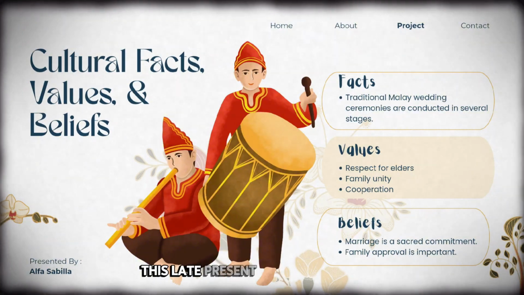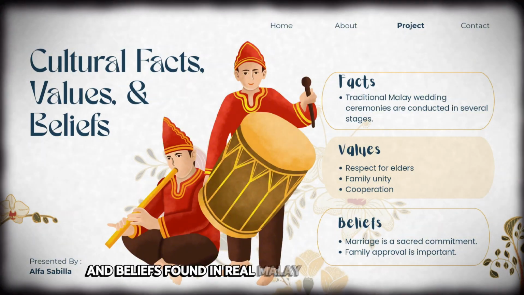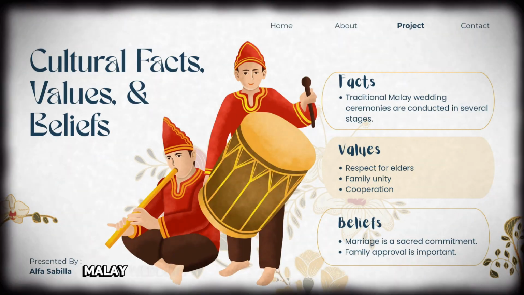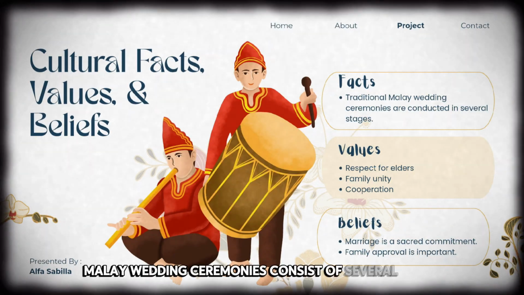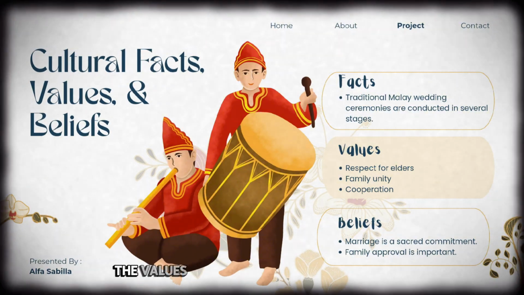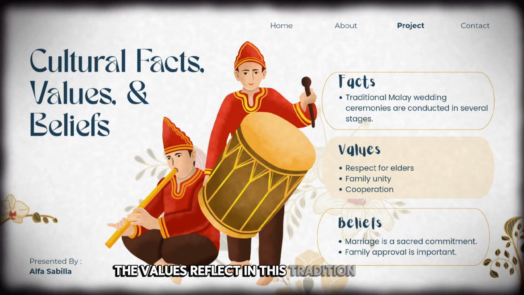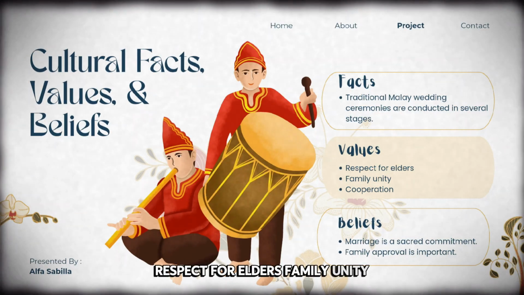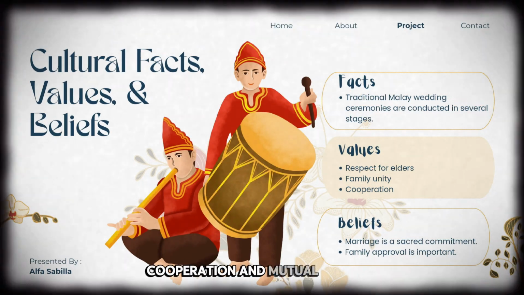This slide presents the cultural facts, values, and beliefs found in real Malay wedding traditions. One important fact is that traditional Malay wedding ceremonies consist of several stages, each with its own cultural meaning. The values reflected in this tradition include respect for elders, family unity, cooperation, and mutual support.